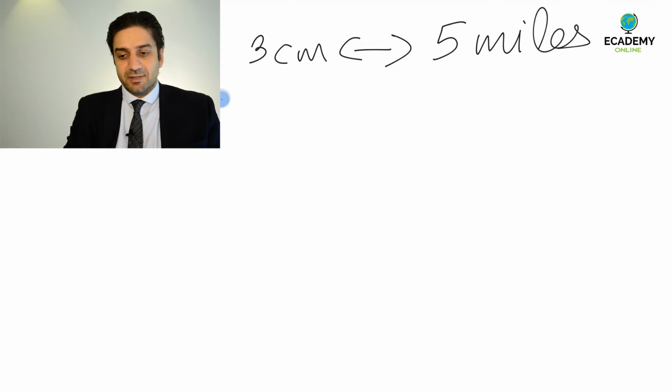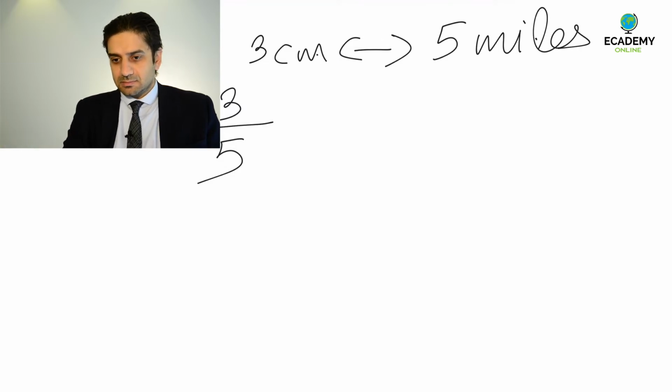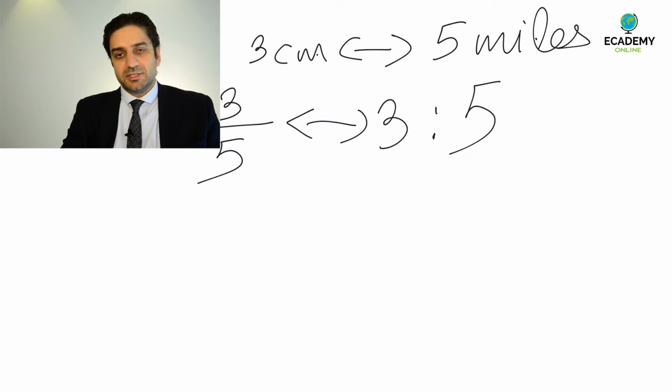So I can have a 3 to 5 ratio. It's a fraction also, or it can be written as such, 3 to 5. These are interchangeable, and this is the relation between fractions and ratios.